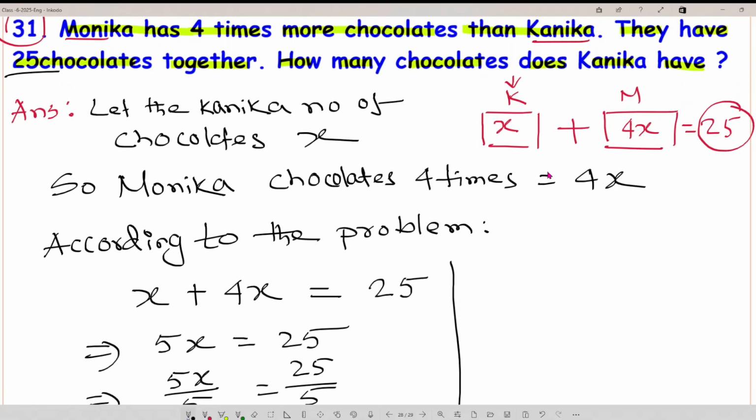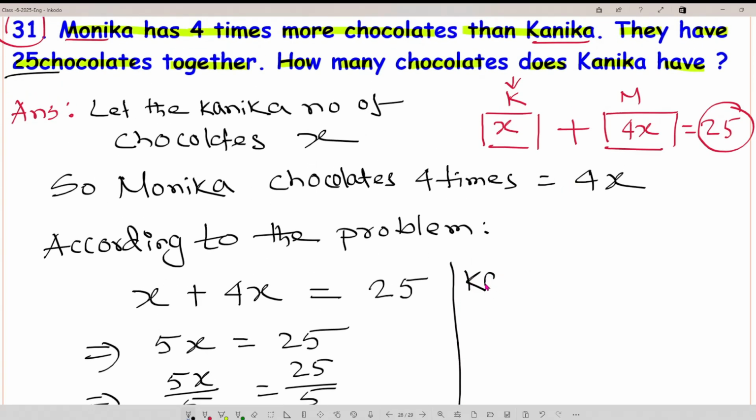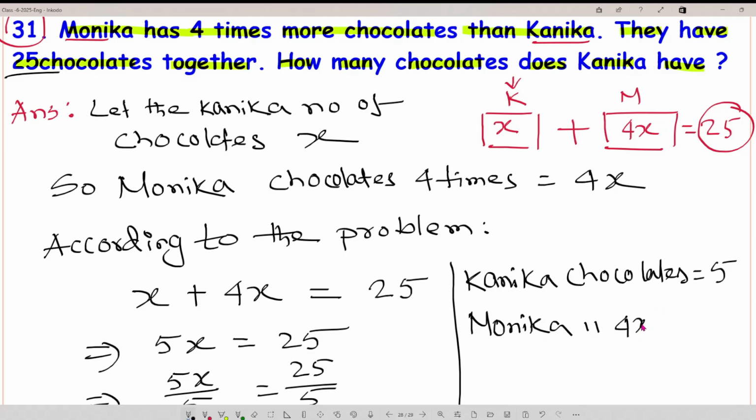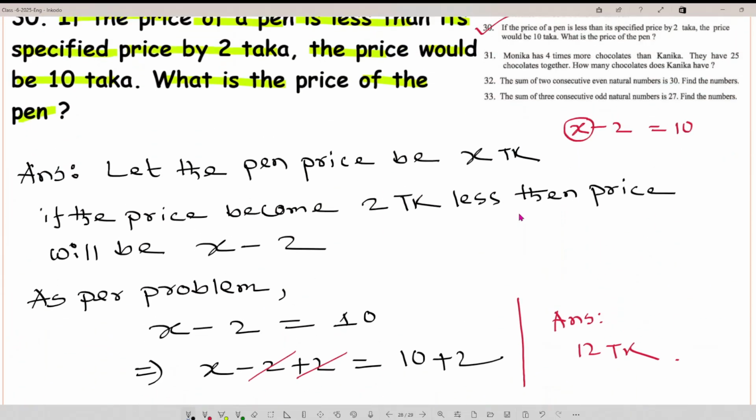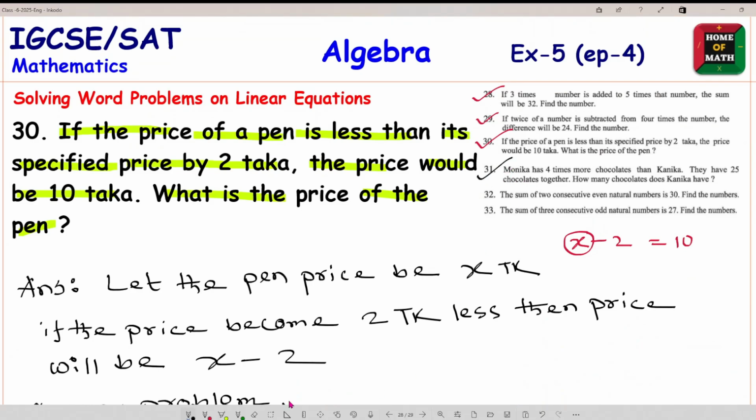Now easily we can say Konika's chocolate is 5, and here it is not mentioned, but we can understand Monica's chocolate is 4x equals 5 times 4 is 20. Now look, 5 plus 20 is 25. So very simple. So 31 done. Next question.